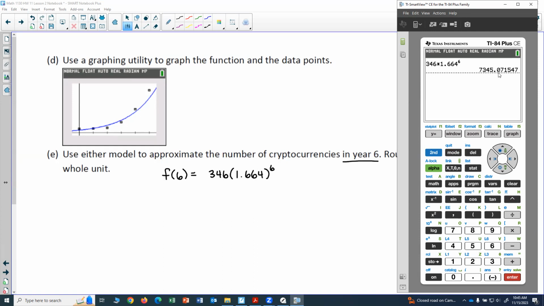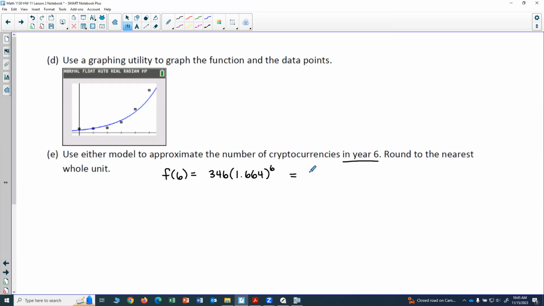The number directly after the decimal is a 0, so I do not need to round up. So 7,345. So that would be the number of cryptocurrencies in year 6.